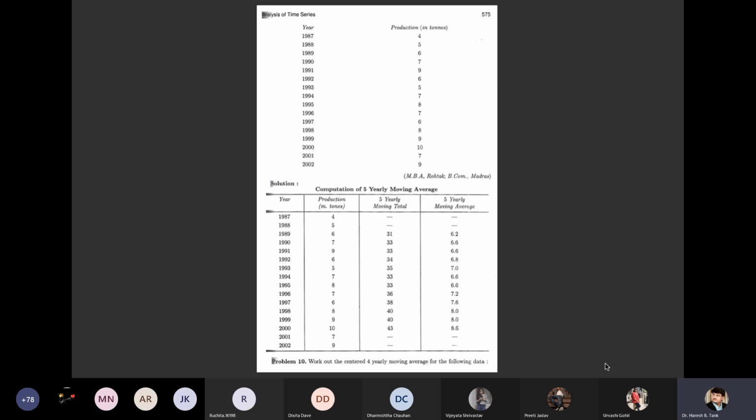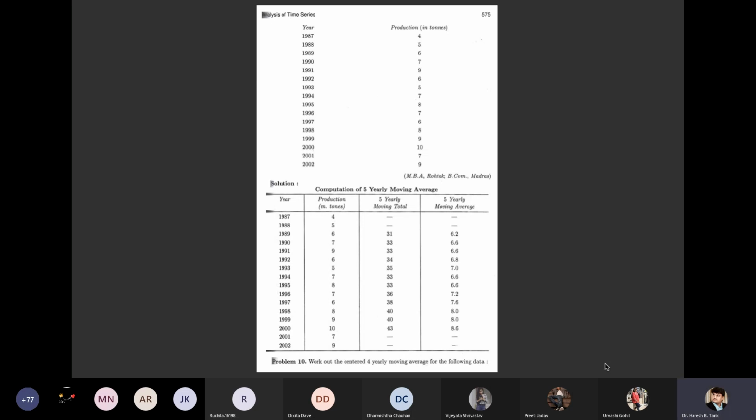Whatever production you have for these respective years, which is 4, 5, 6, 7, and 9, make the sum of these 5 entities. Put it against exactly the middle year. While adding 5 elements, naturally the middle year would be 1989. So you have to put the sum of the first 5 entities against 1989.